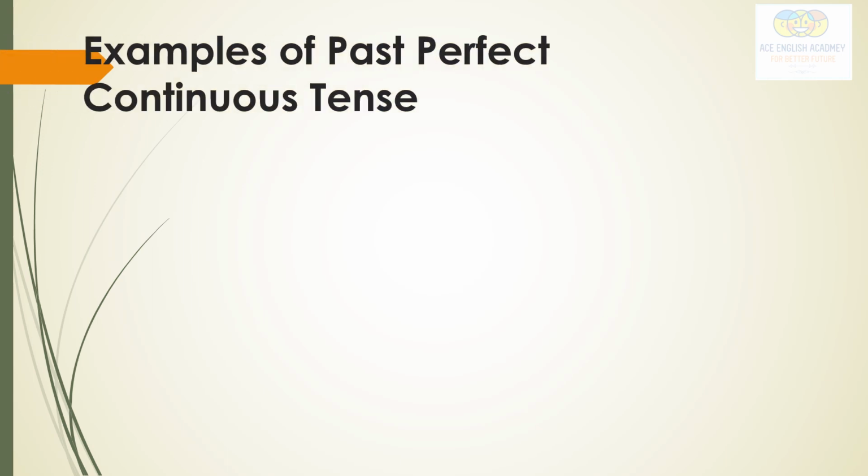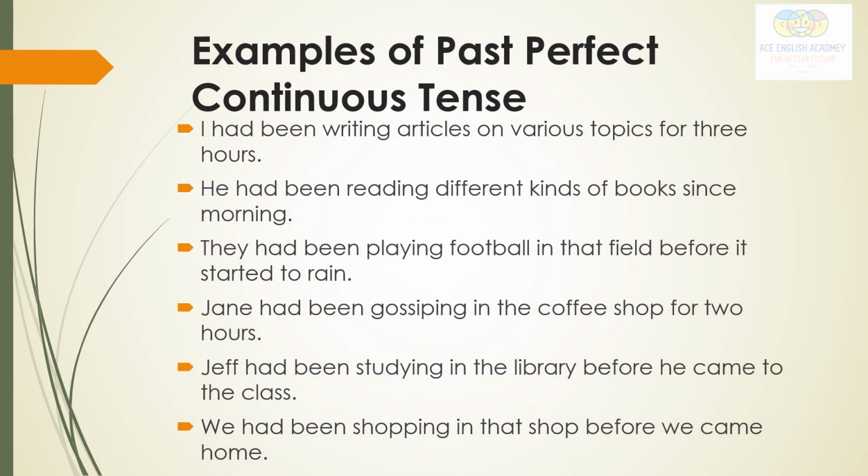So here are the examples for the past perfect continuous tense. First example: I had been writing articles on various topics for 3 hours. As I told you, emphasis is laid on the duration of the action held in the past. So, duration: for 3 hours. I had been writing for 3 hours.